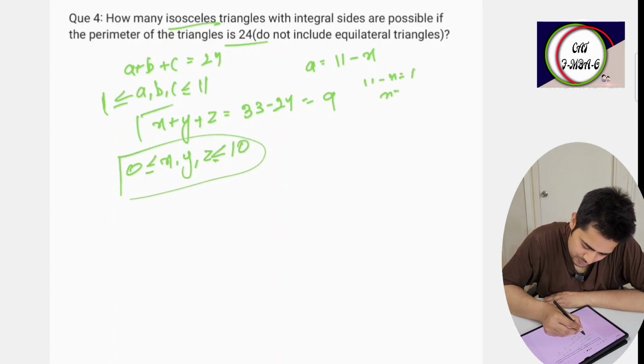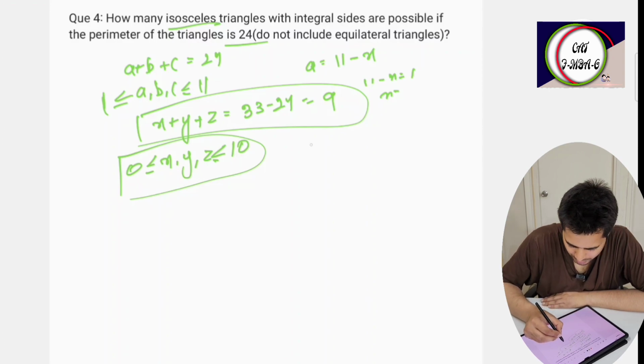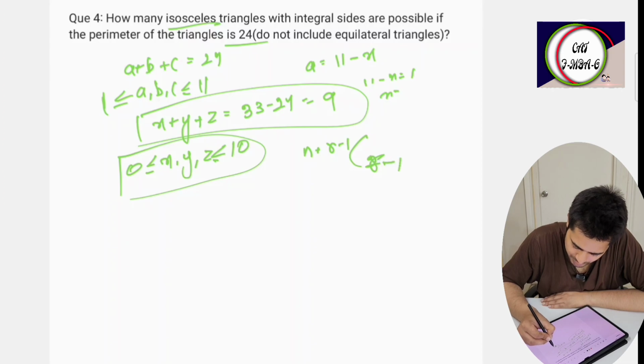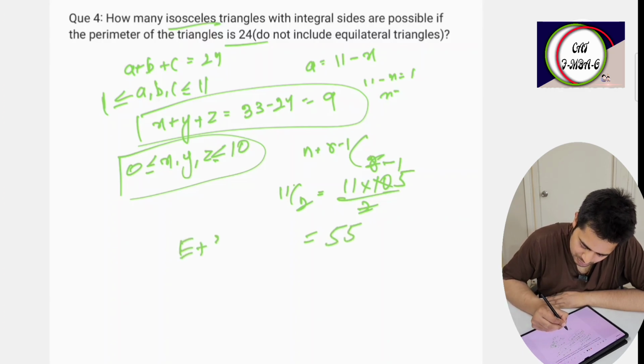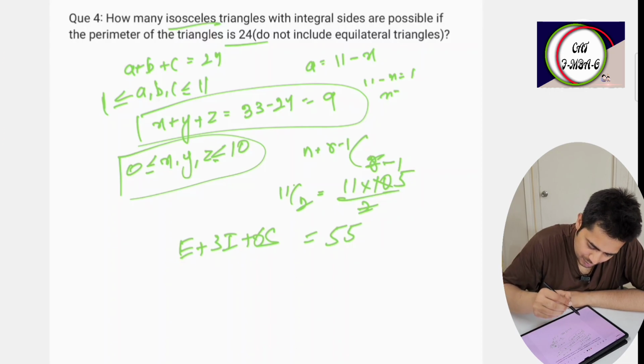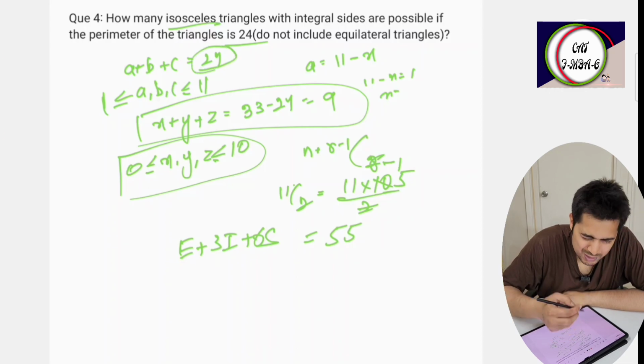So using n plus r minus 1 C r minus 1, n is equal to 9 here. So 9 plus 2 is 11, 11 C2 is equal to 11 into 10 divided by 2, which is 55. So E plus 3I plus 6S is equal to 55.